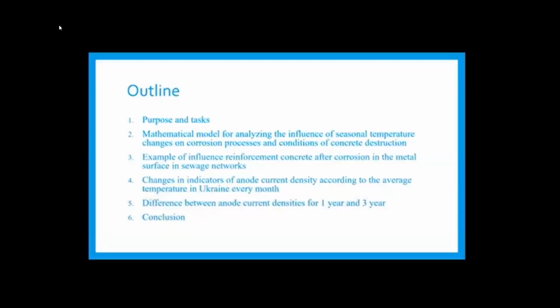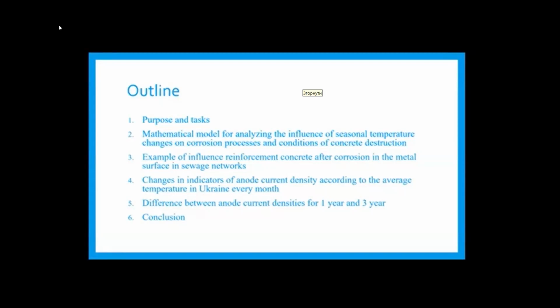Our outline contains 6 topics. The first one is purpose and tasks. After that, the mathematical model for analyzing the influence of seasonal temperature changes on the corrosion process and condition of concrete destruction.